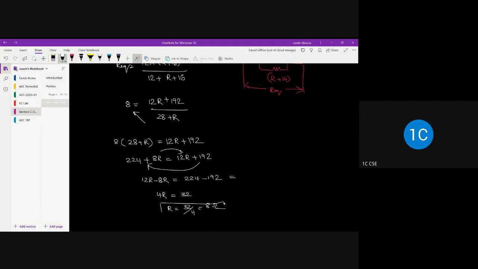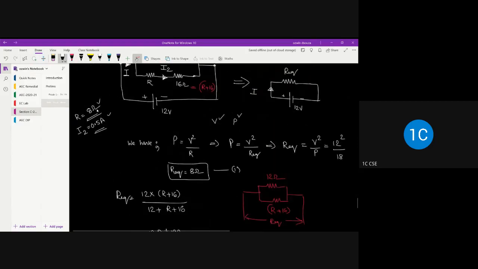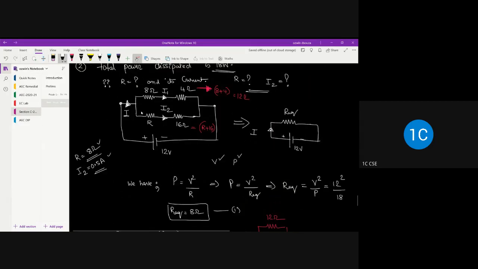So the unknown value of resistance is 8 ohm. Your friends have already obtained that particular answer. So R is 8 ohm.